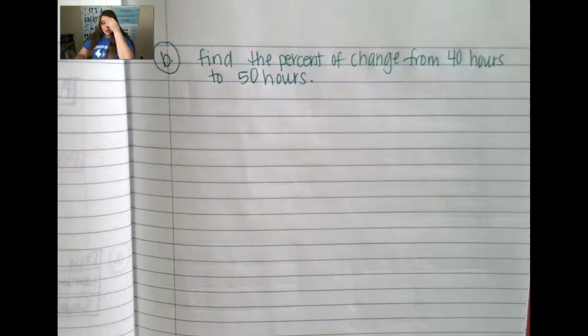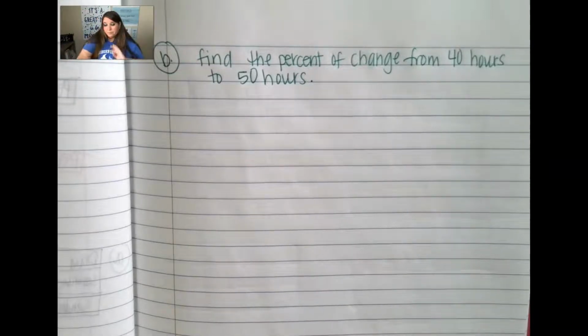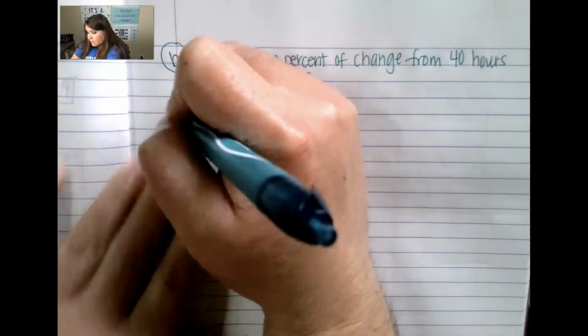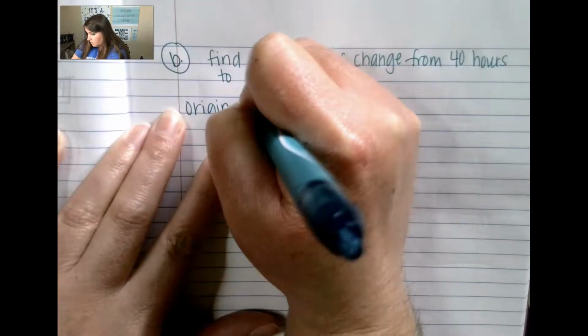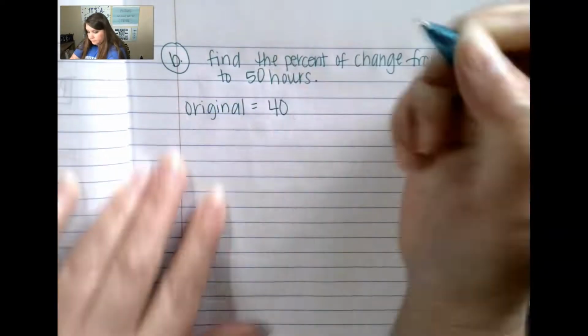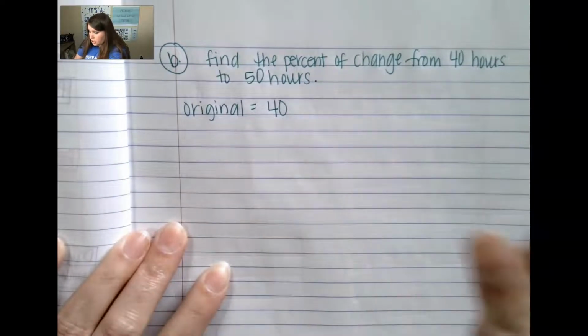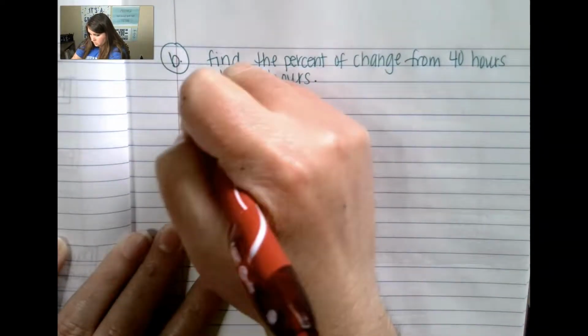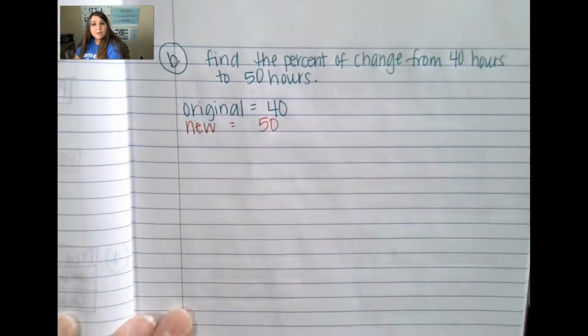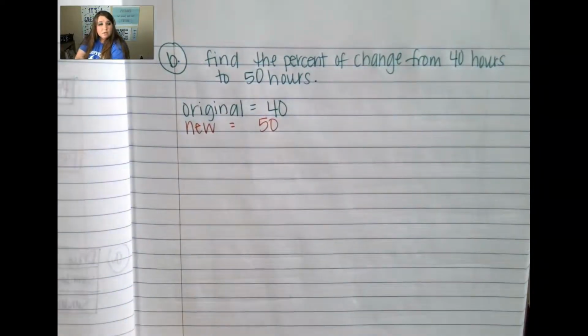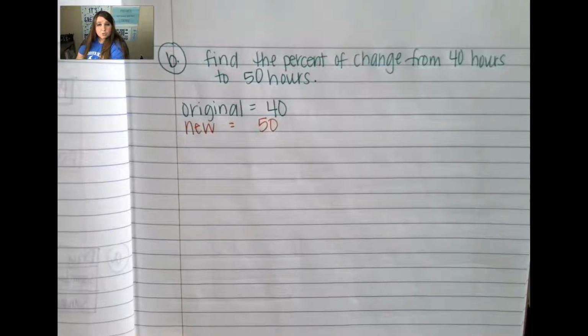So let's start with our original amount. So identify the original is 40. Our new is 50. And so what we're going to do is we're going to go from 40 to 50 and find how much do we increase.